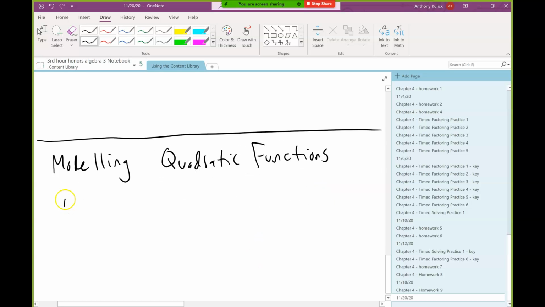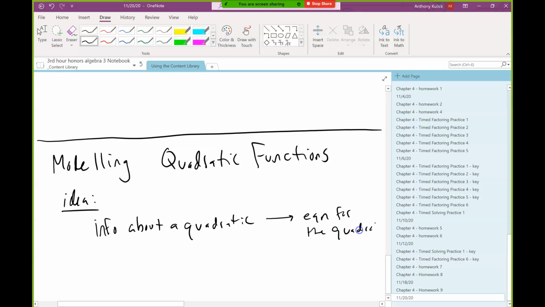So the idea here is I want to take some information about the graph and use that to create the equation for the quadratic function. So when I say info, what we're talking about is either points and/or key features.